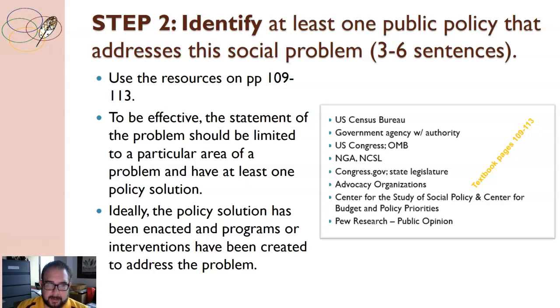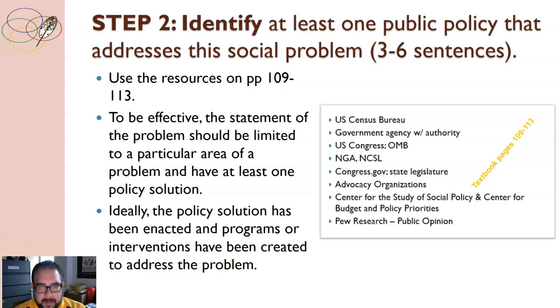So when you say, I want to address the healthcare problem, but what about the healthcare problem? And so you could say that there are uninsured children in society today. So that could be, rather than being broad and just talking about healthcare in general, you're really narrowing it down to a specific area.